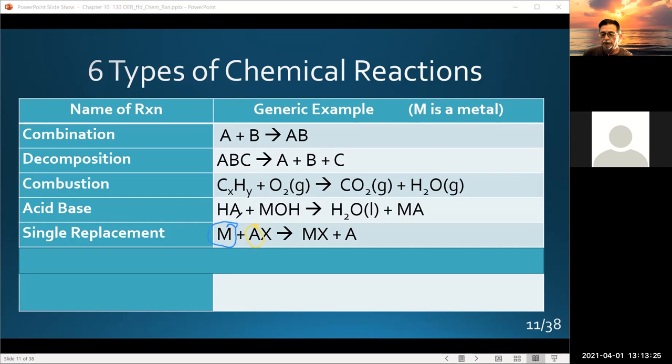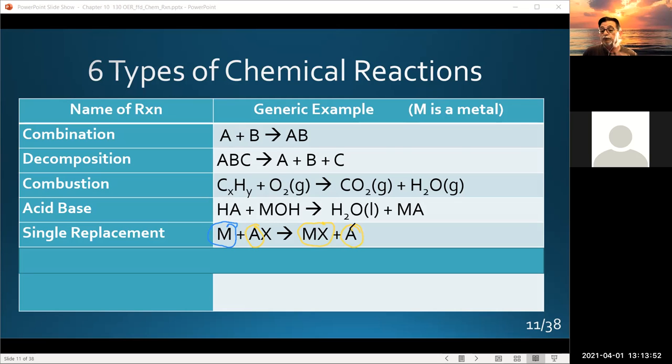For this reaction, the way it's written, the elemental metal gets converted to ionic form and creates a new ionic compound. Whereas before we started off with AX, now we have MX. And the A, which was in ionic form, is now in elemental form.